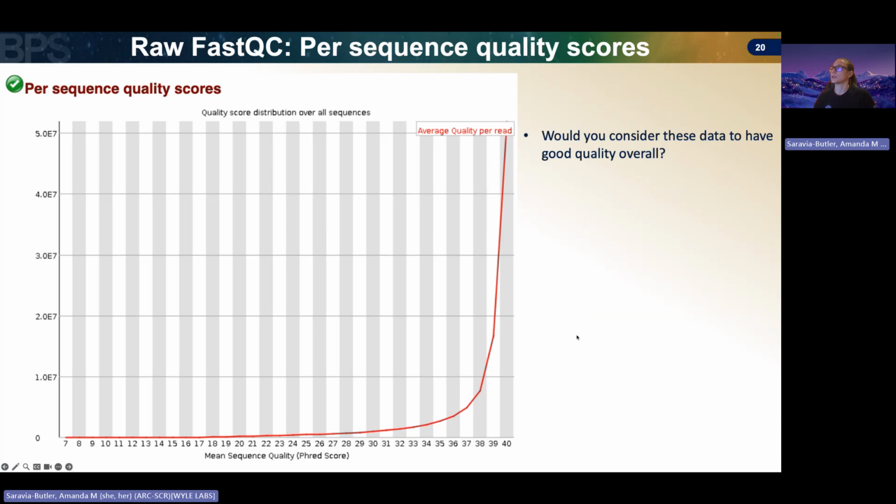And so would you consider these data to have good quality overall? Yeah, for sure. It's definitely the majority of the base calls made of the reads in this FASTQ file have very high quality. So yeah, I'd say yes.